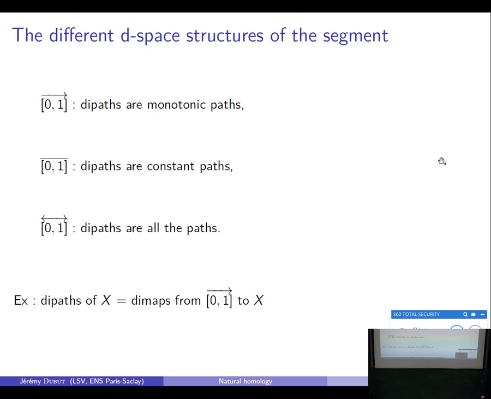There are always two ways to add a directed structure on a topological space, namely the lowest one, where the dipaths are the constant paths, and the largest one, where the dipaths are all the paths. They all have their own interest, but for example, the directed segment has the following property, that the dipaths in a D-space are actually the dimaps from the directed segment to the D-space.